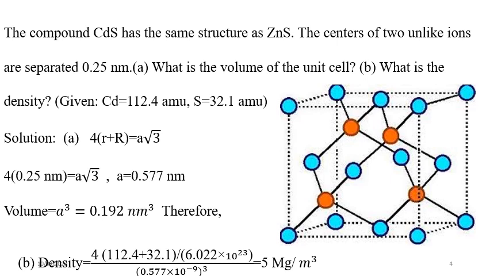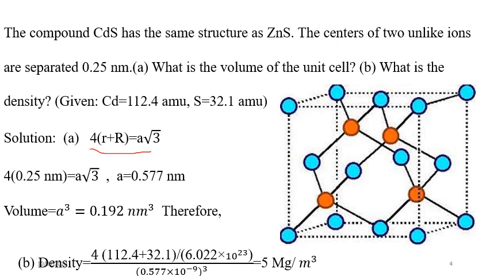First of all, we should have a relation between the radii of the corresponding atoms and the lattice parameter. So here we have this relation for the ZnS type of structure, and if we substitute the value of R plus R, which is given as 0.25 nanometer, we will get the value of A. So volume is equal to A cube, which is this much nanometer cube.